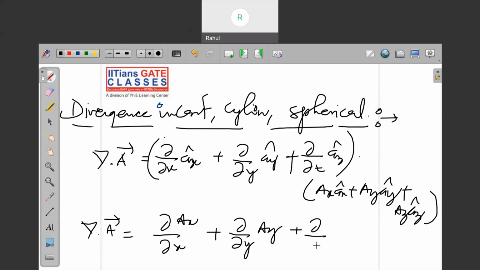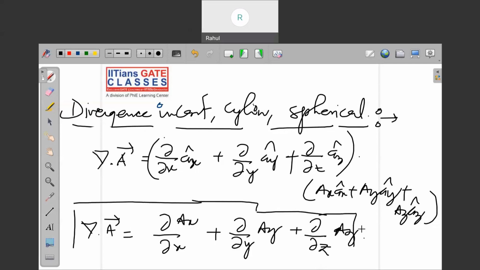Keep this in mind for the examination as well. This is the divergence, one of the elegant expressions, a first order partial differential expression involved here in Cartesian coordinate system.